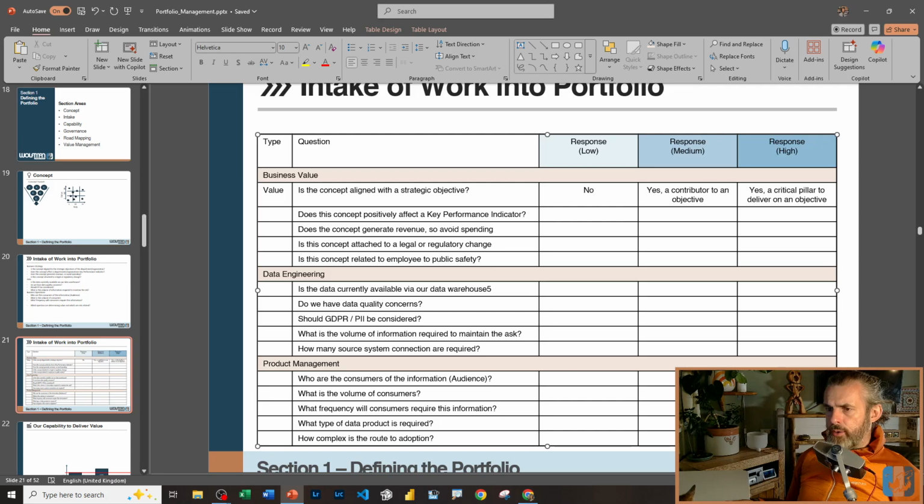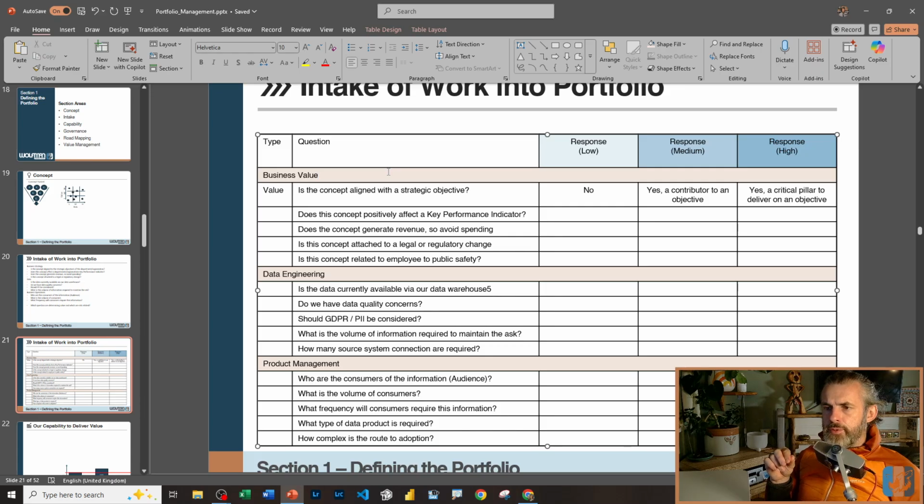around time. So I've broken it up into 3 sections. You've got business value. So the question, I'll just rattle through the questions. So we've got business value. Is the concept aligned with a strategic objective? Does this concept positively affect a key performance indicator?